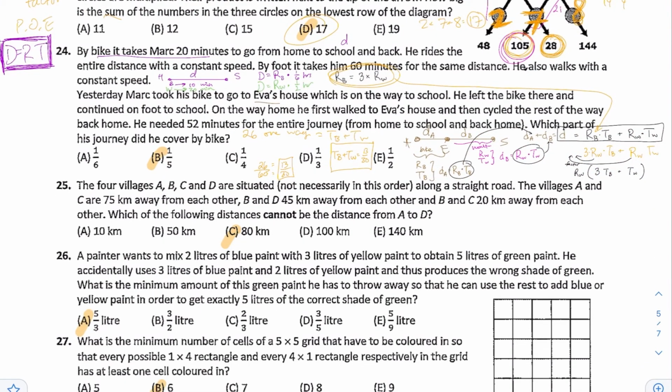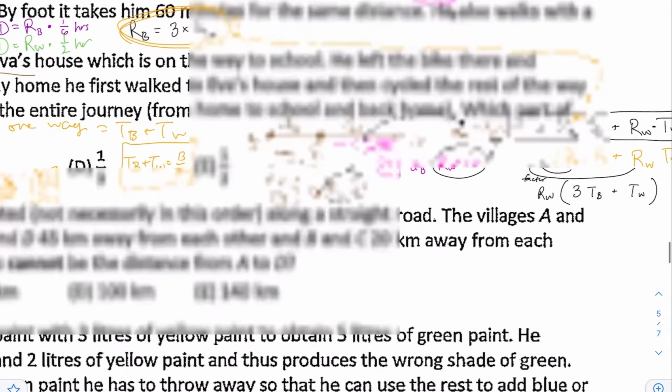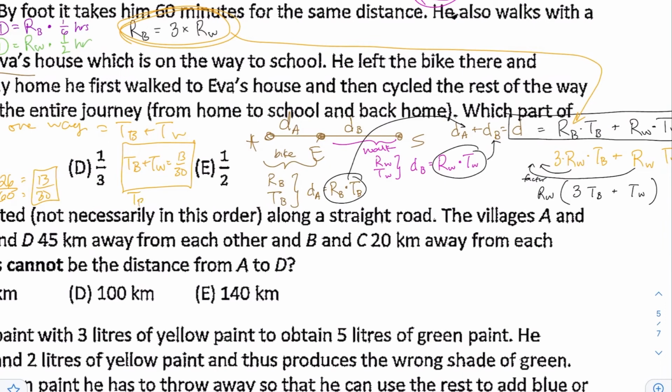And you can rewrite this as TB is equal to 13 over 30 minus TW. And you can take this and substitute in over here.